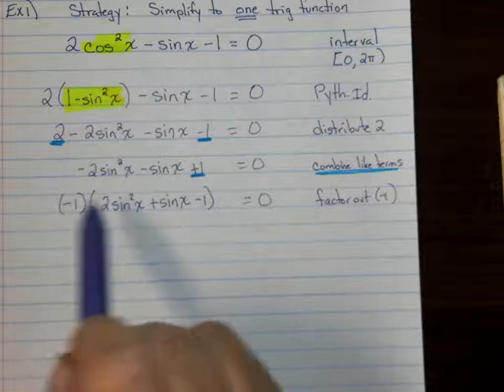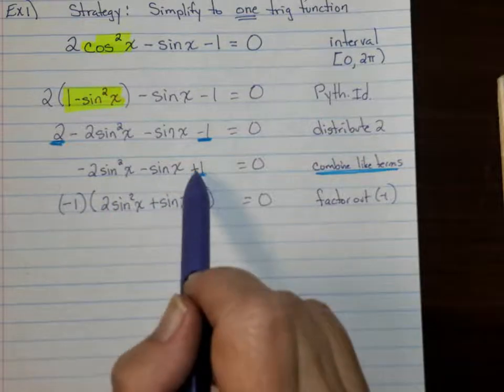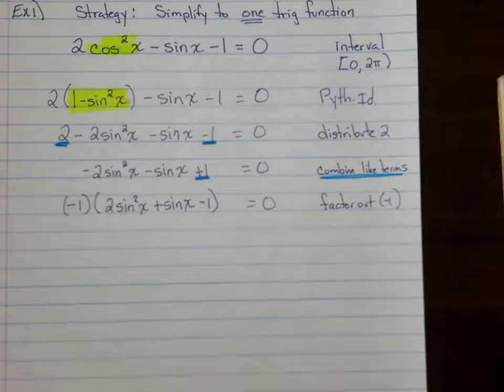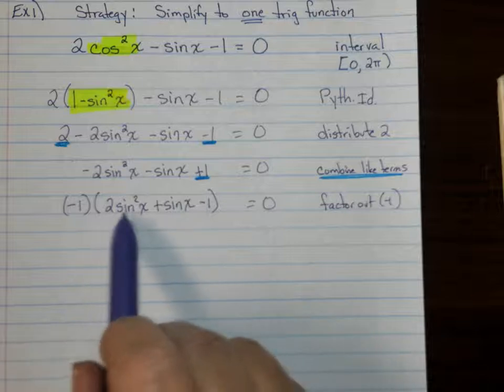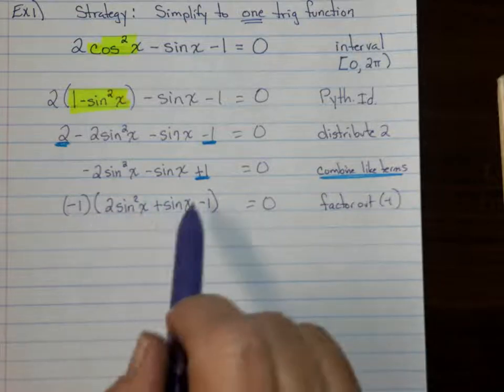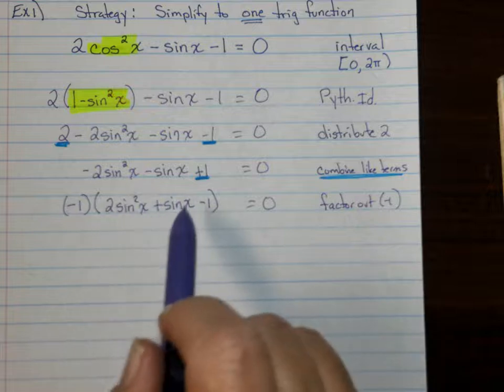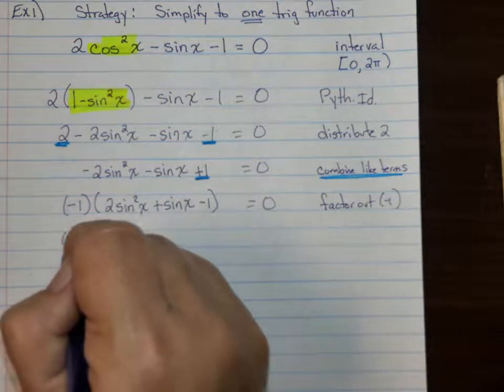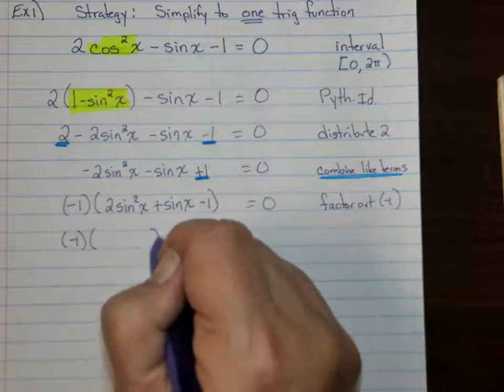So I've factored out the negative 1. So everything here now has the opposite sign that it had. Now I'm going to take this expression, which is a trinomial, and factor it down into 2 binomials.